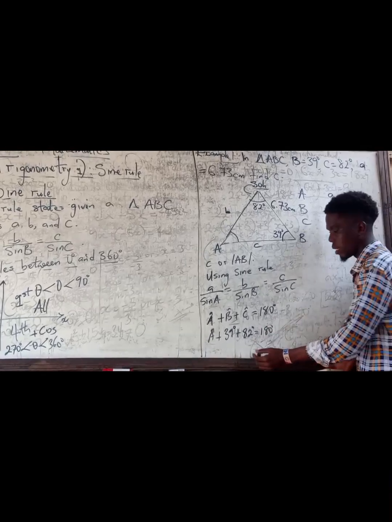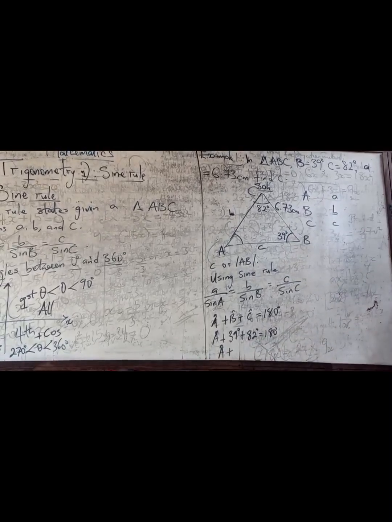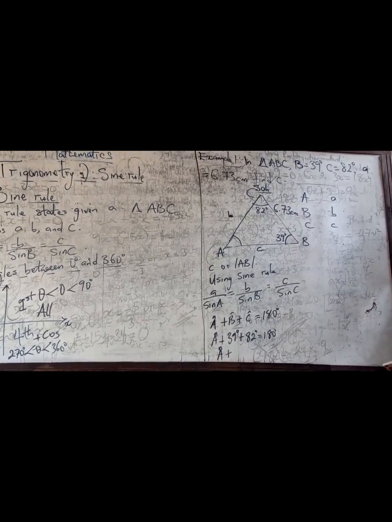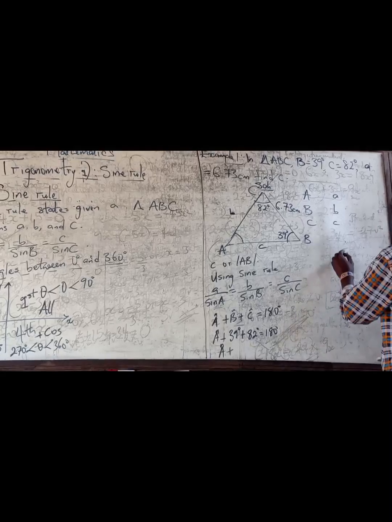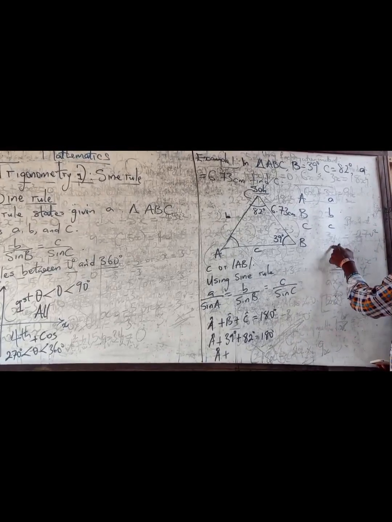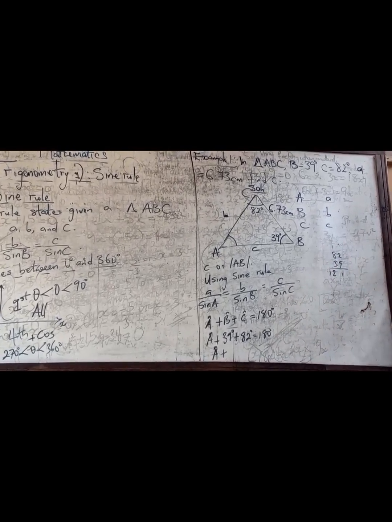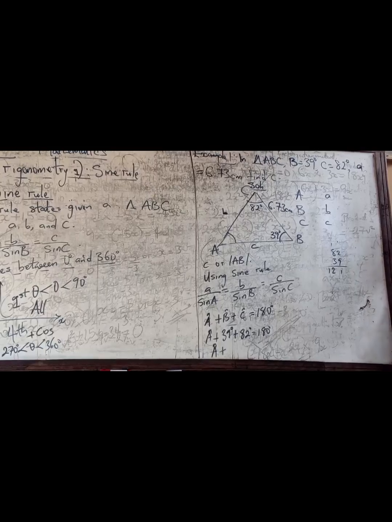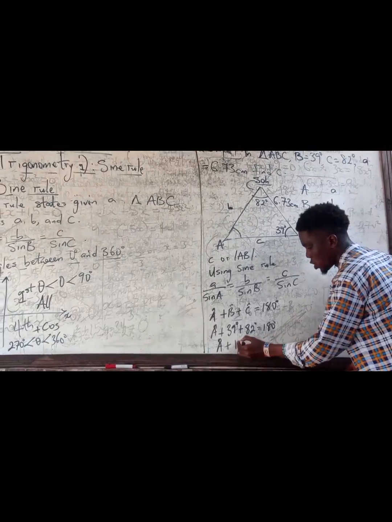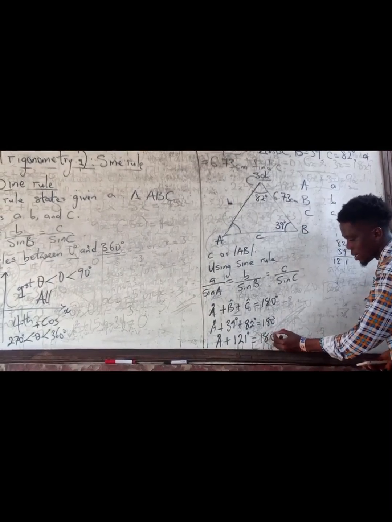So if you collect like terms, A plus 39 plus 82. 39 plus 82 should give us 121 degrees. So this is A plus 121 degrees is equal to 180 degrees.